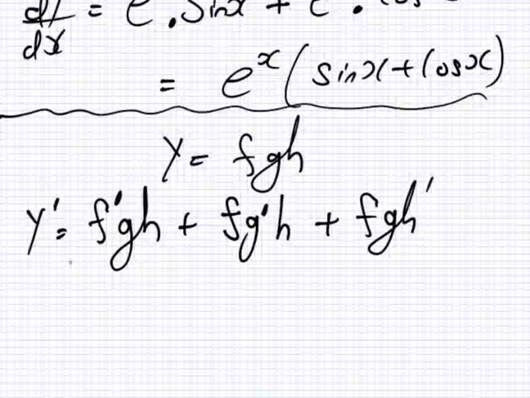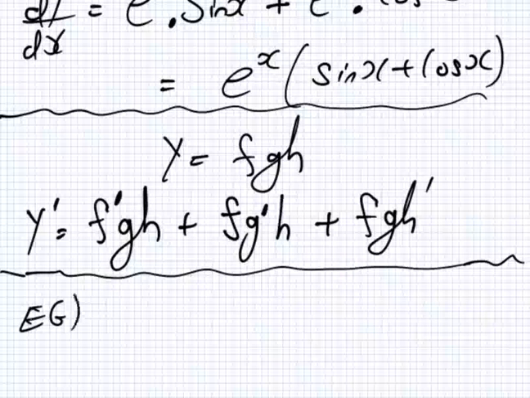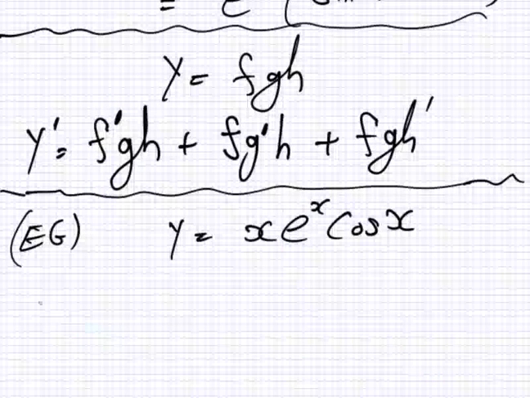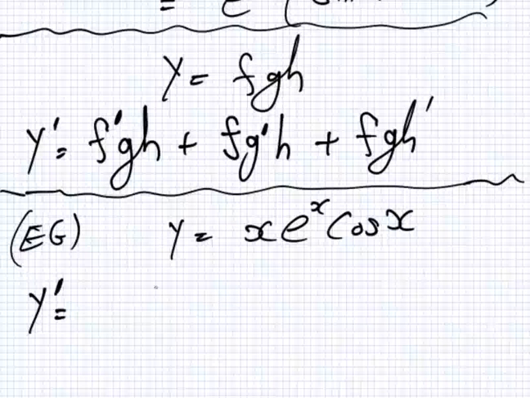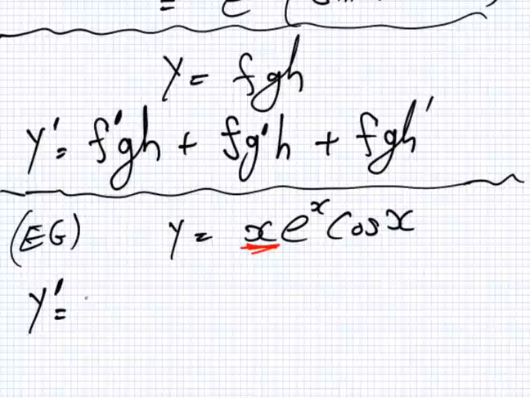So now you have your result. So basically, if y equals f multiplied by g, then the derivative is f derivative multiplied by g plus f multiplied by g derivative. And this is called the product rule.